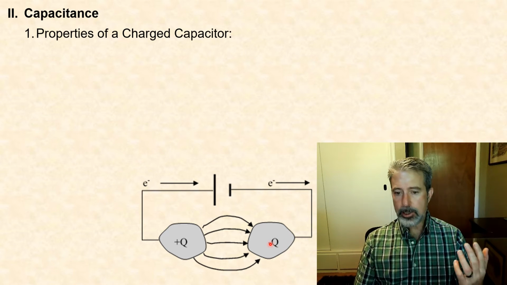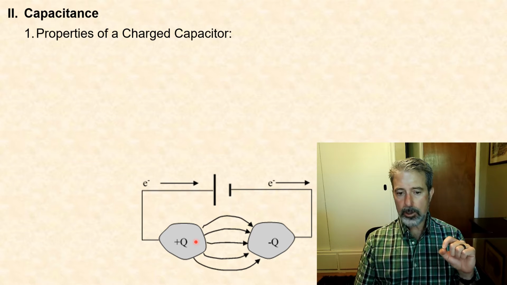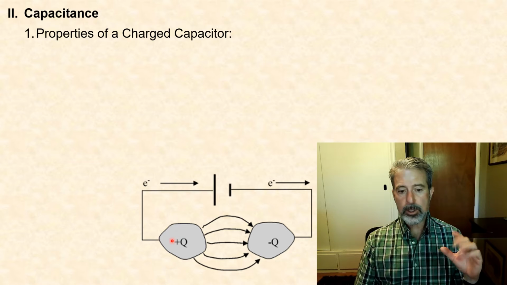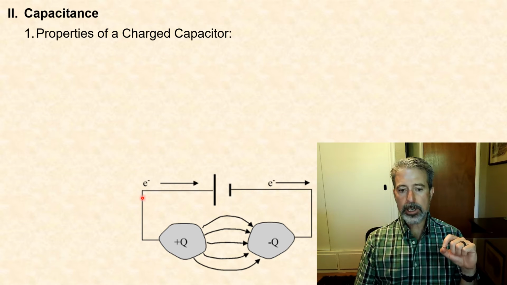At the same time, looking at the conductor on the left, which is uncharged, there is a potential difference between the positive terminal of the battery and this uncharged conductor. That potential difference causes charge to flow. Since the charge carriers in metallic conductors are electrons, the electrons will leave this conductor and flow to the positive terminal of the battery.